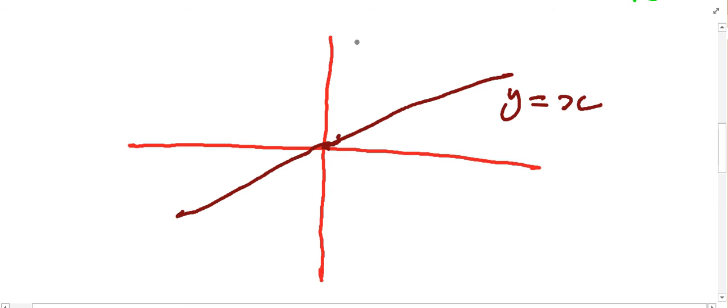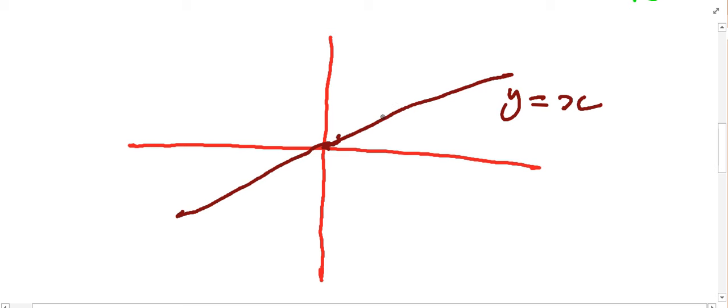Now, what about the modulus of that expression, the modulus of this equation? Okay, so for the modulus of this equation, we are making sure that there are no values of y which are negative, because we are having a modulus there.